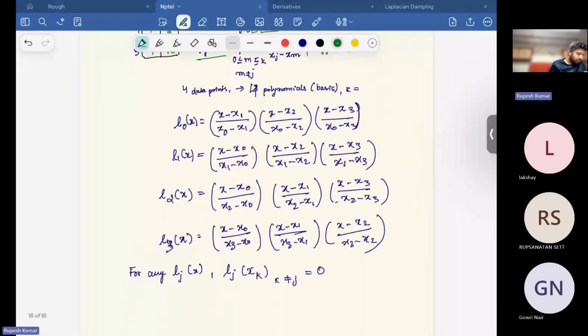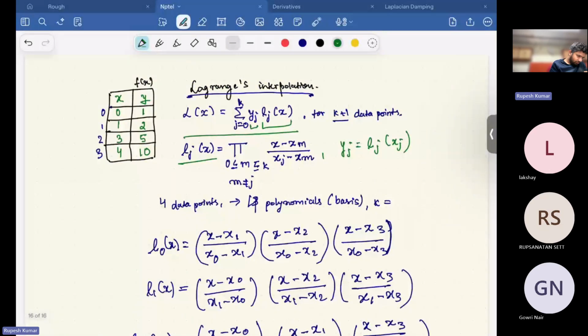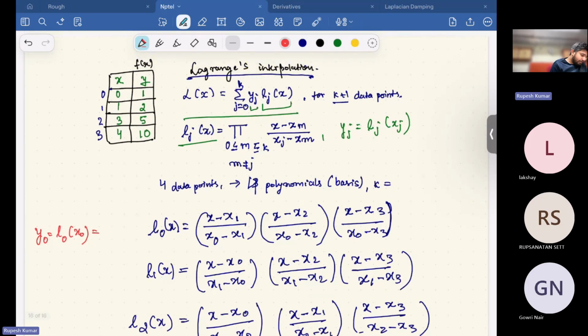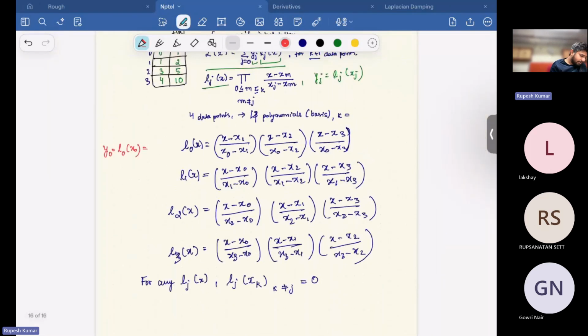Let's start computing yj: y0 equals L0 of x0. Let's start putting in the values and get the final answers. Let me first replace the values here.